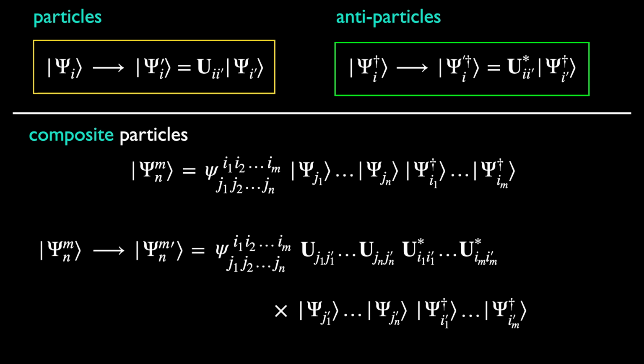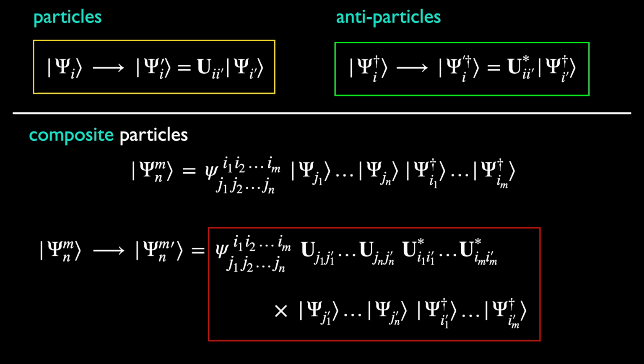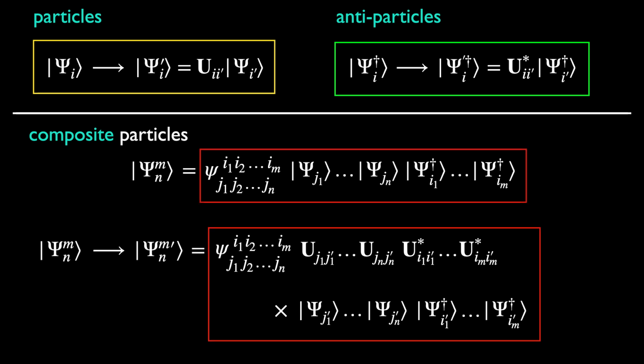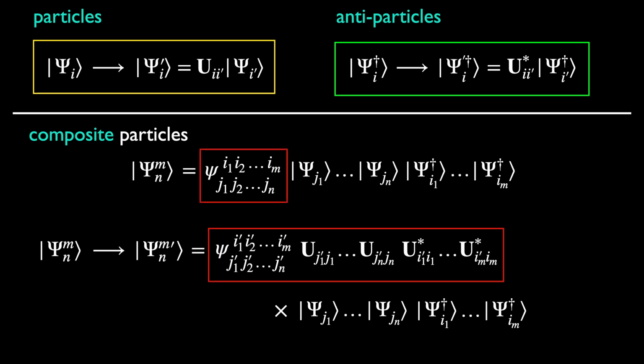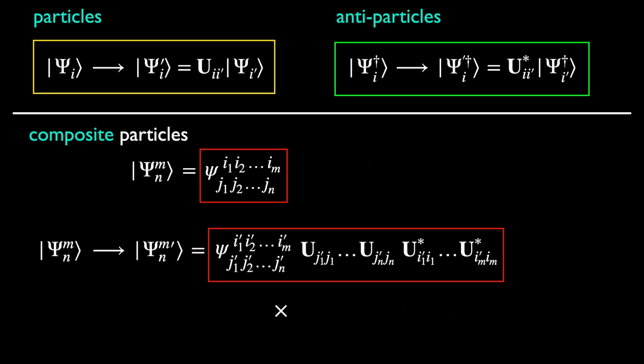We can express this transformation in terms of how the tensor coefficients transform, by comparing the expressions in the red boxes. First of all, change the prime indices to unprime indices and vice versa in the lower box. This allows us to compare the tensors as they are contracted with the same basis states.